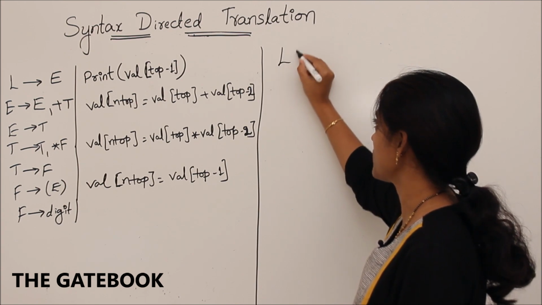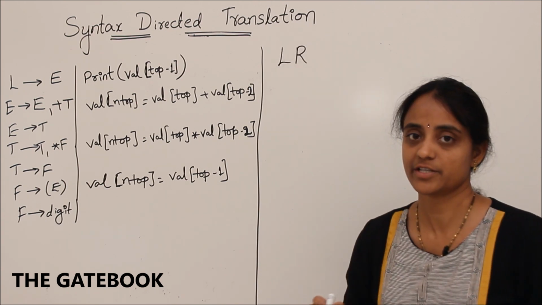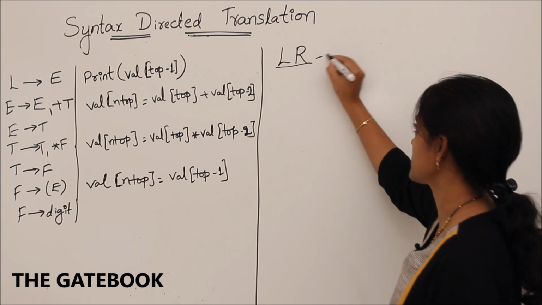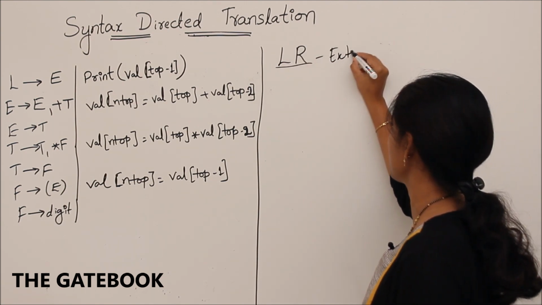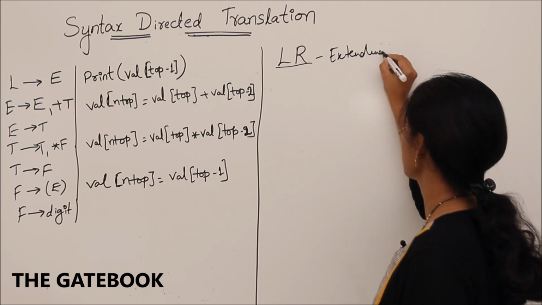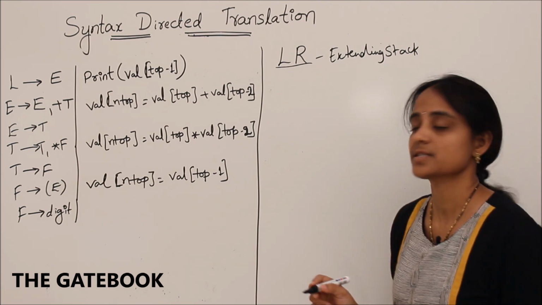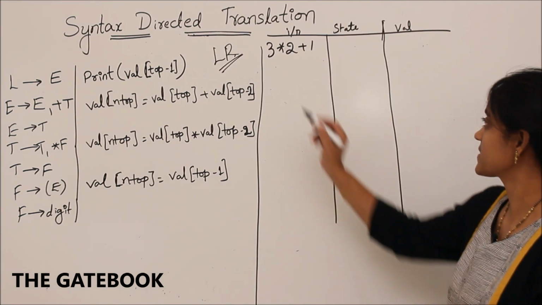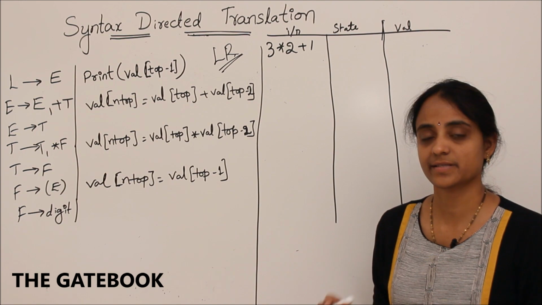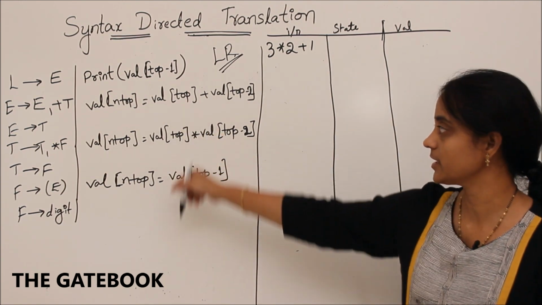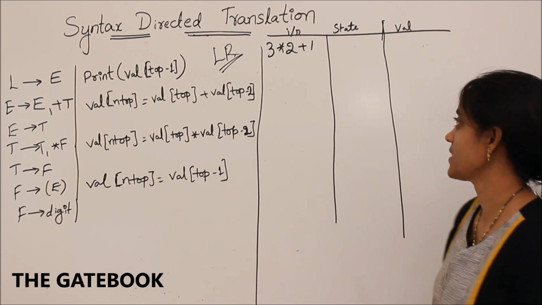So we use LR parsers for bottom up evaluation, right? So we use the same parser technique by extending the stack capability, that means adding one more stack, we can also compute the synthesized attributes. Let's take this example input and see how we use an extra stack to evaluate those synthesized attributes.